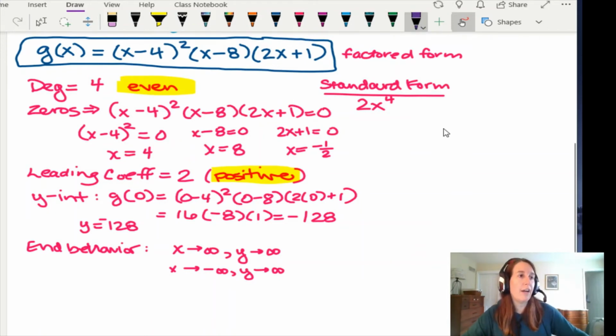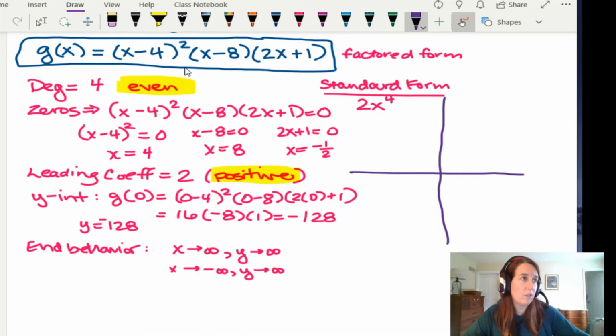Okay, let's graph this and see what we need to do about having only 3 zeros for this degree 4 polynomial. Okay, so first of all, we have those 3 zeros. Let's graph those first: 4, 8, and negative 1/2. Okay, we also can graph our y-intercept of negative 128. There it is, perfect. And then we also want to graph that end behavior.